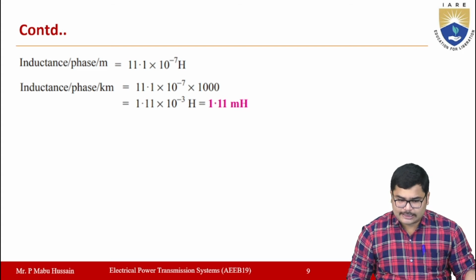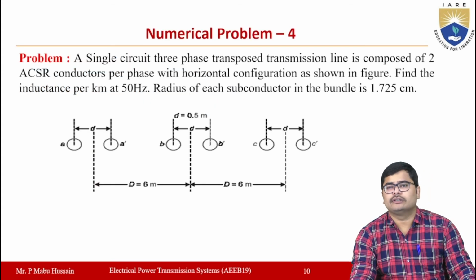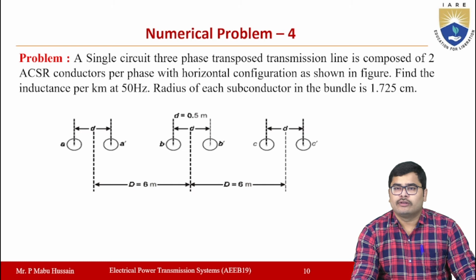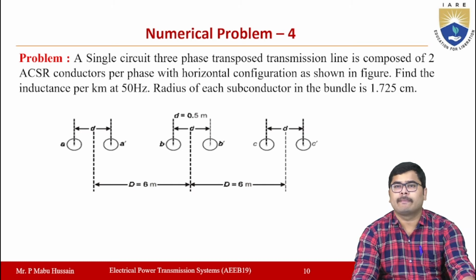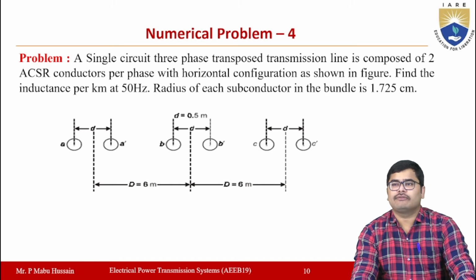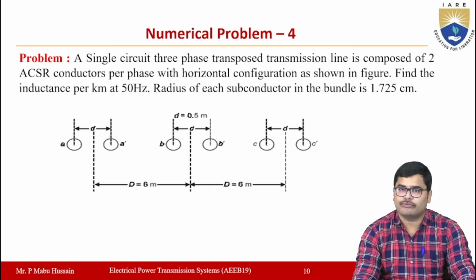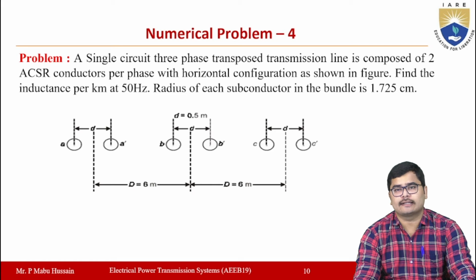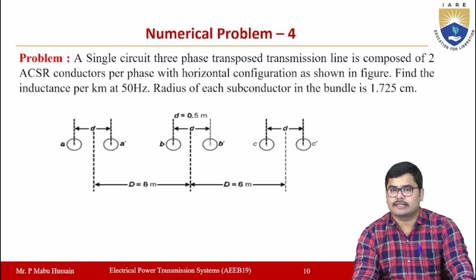Now let us see, for that same three-phase single circuit transmission line system, if the conductors in each phase are bundled conductors, in such a case how you can determine the inductance. Let us see.